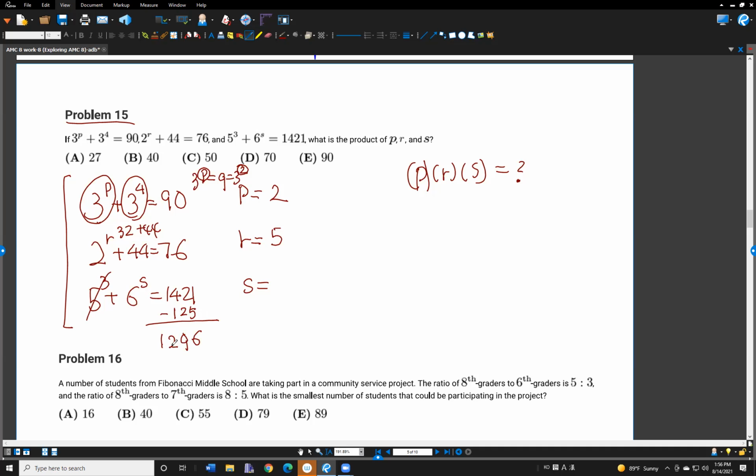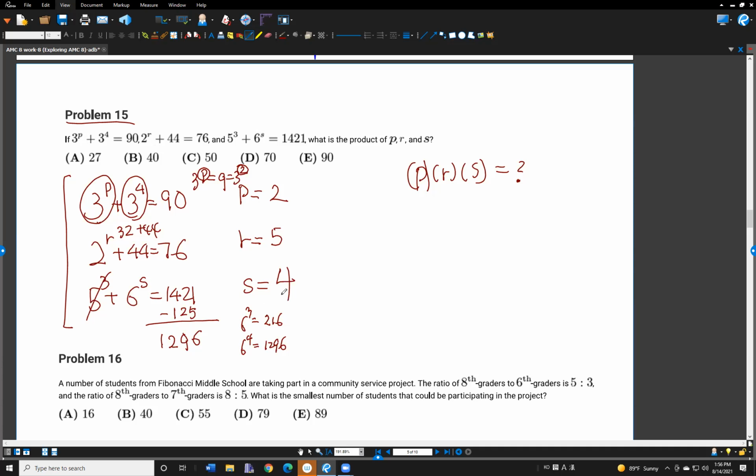Can you try this one? 6 squared is 36. 6 cubed is how much? 216. 6 to the 4 is how much? Times 6 again. 1296, isn't it? So the value of S is 4.